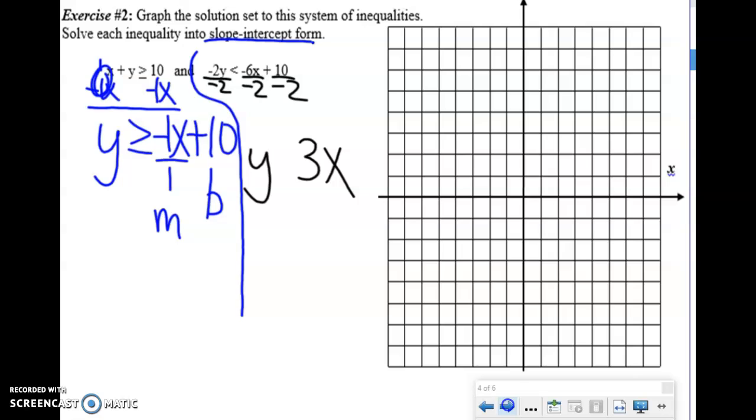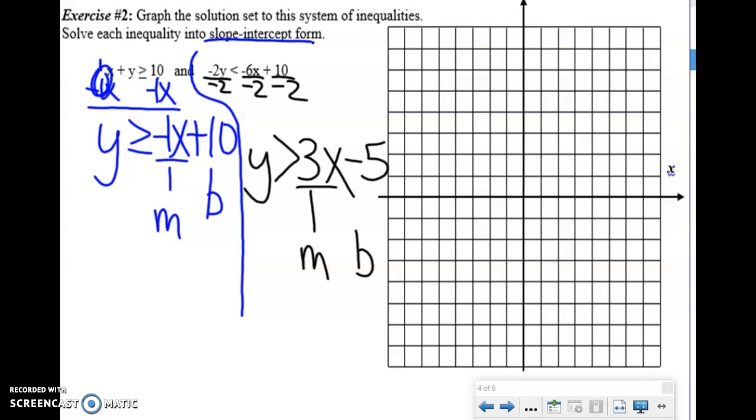Does negative 2 go into 10 nicely? Yes, it does, so it's negative 5. But the sign, we've got to remember what to do with that sign. So dividing by the negative switches the sign from less than to greater than. And again, if you want to put this over 1, here's your slope, here's your y-intercept. But you had to get y by itself in order to do that.